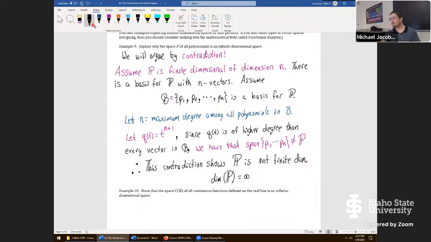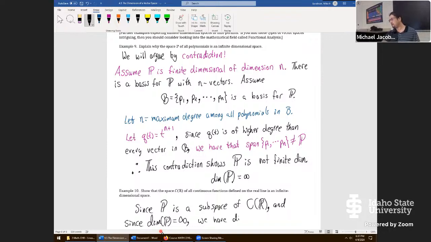So the quick argument here is that since P is a subspace of C(R), and since the dimension of that vector space P is infinite, the dimension of the space of all continuous functions with domain real numbers is infinite dimensional as well.